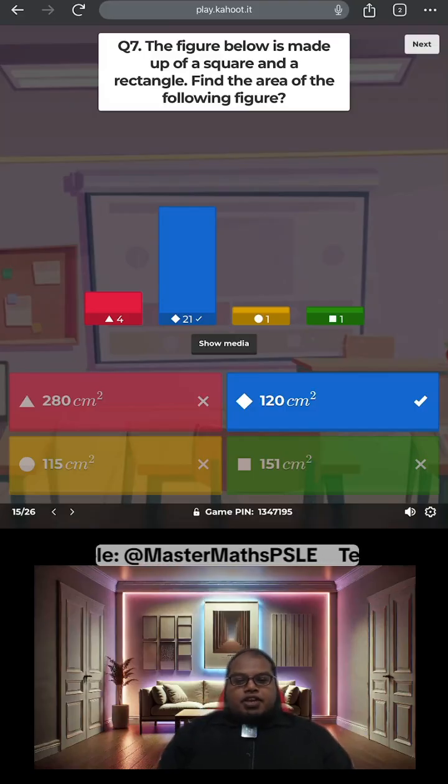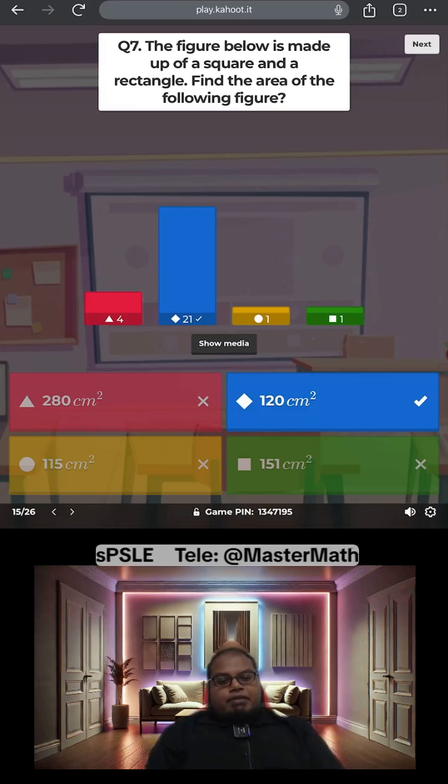Okay, very good. Yes, it is 120. Too many numbers. Don't worry, too many numbers won't make you blind.